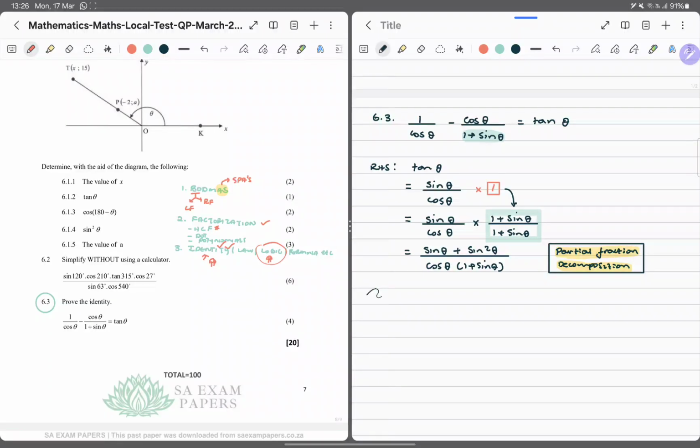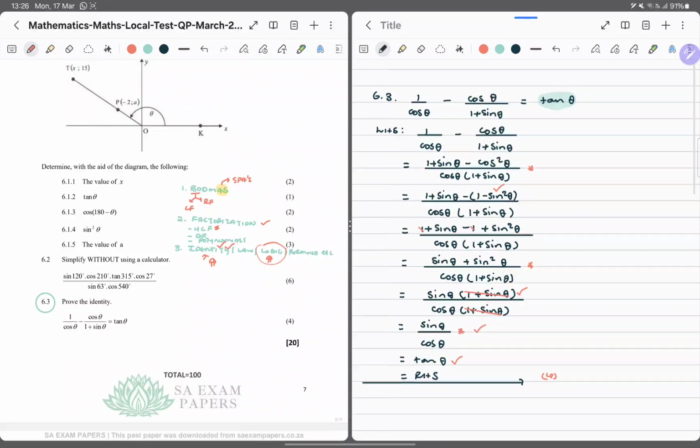We know that, okay, guys, this implies, now we're going to start a different story, because this is hectic. This implies that we have sine theta plus sine squared theta over cos theta into 1 plus sine theta equal to some coefficient A over the first denominator plus some coefficient B over the second denominator, as would be the case when we did the LCM, as you saw here.